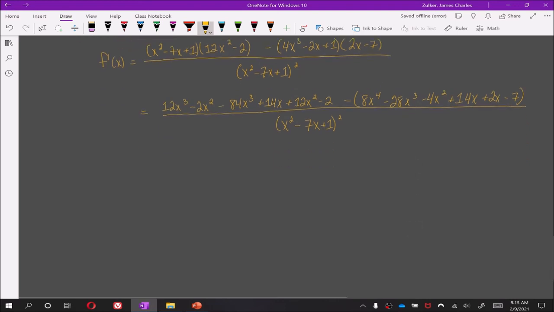Now all we have to do is combine like terms, and we should get negative 8x to the fourth minus 44x cubed plus 14x squared minus 2x plus 5, all over x squared minus 7x plus 1 quantity squared.